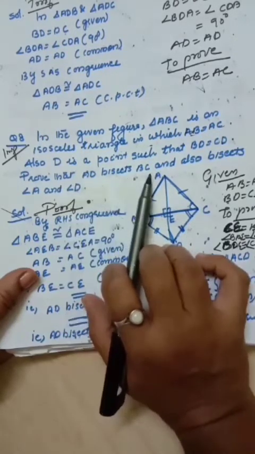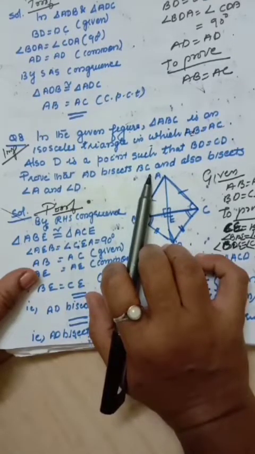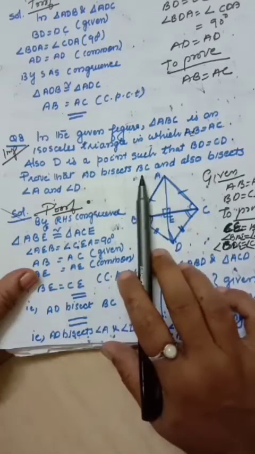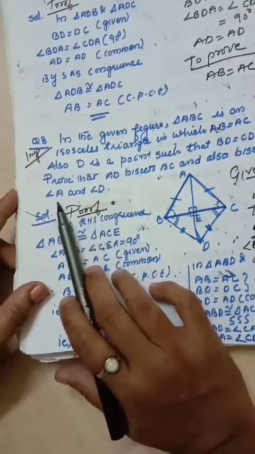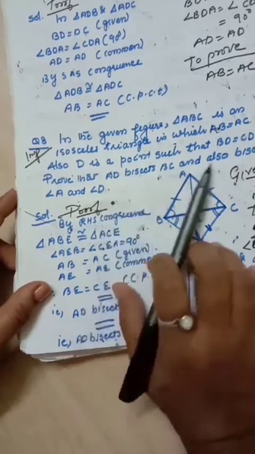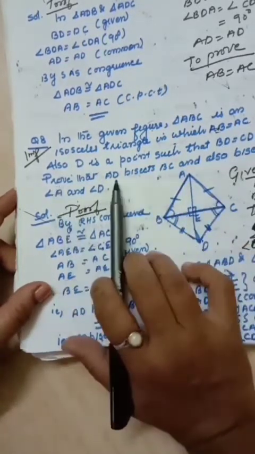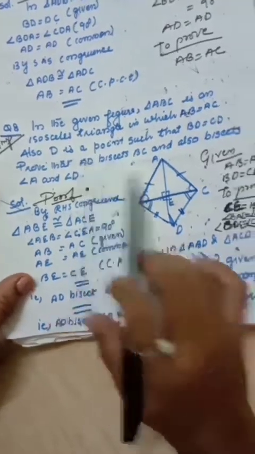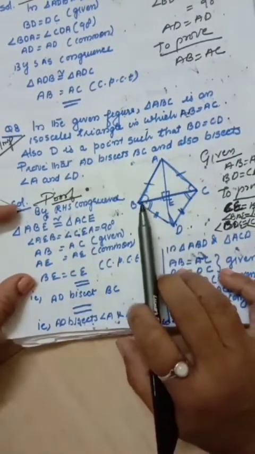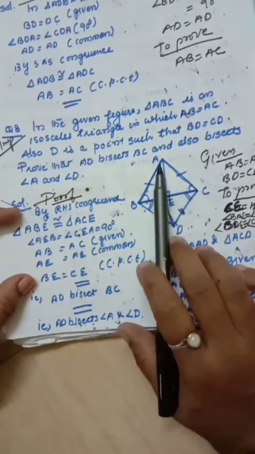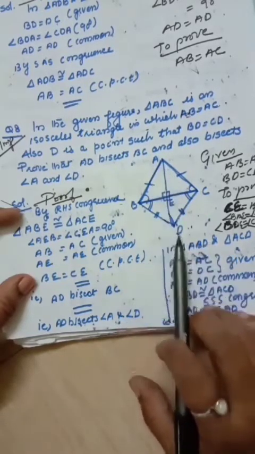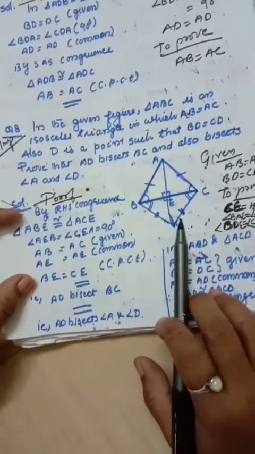Prove that AD bisects, meaning cutting equally, BC and also bisects angle A and angle D. Angle A and angle D are also equally cut by this AD. Clear? AD line cutting BC equally into two parts, like that this angle also is cut equally.